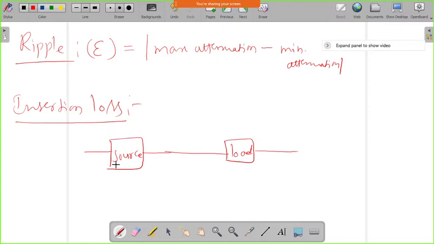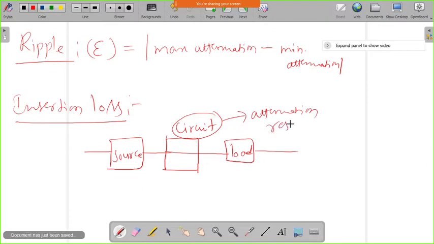Whenever we feed power from source to load, if I insert any circuit in between the source and load, how much attenuation will the inserting circuit result in? That we will call insertion loss. It is the attenuation resulting from inserting a circuit between source and load.